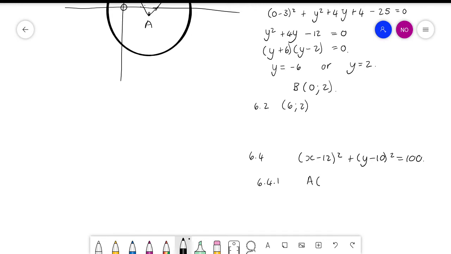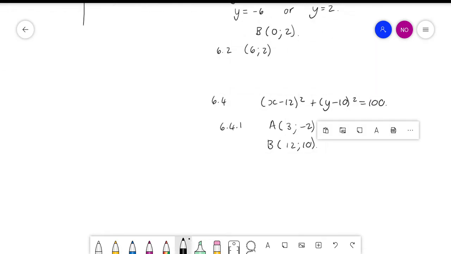So, stem julle saam dat die koördinate van A gaan wees (3; minus 2) en die koördinate van B gaan wees (12; 10). Do you all have that? I get them straight from the equations of the circles.